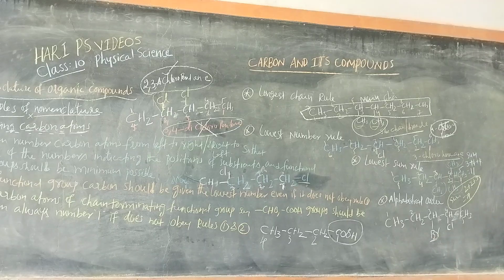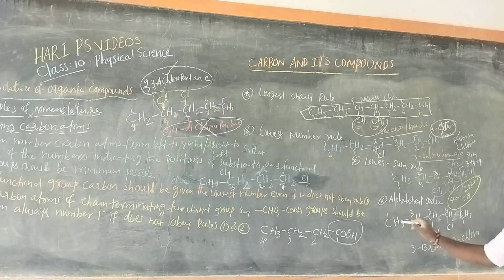Br means bromine. Cl means chlorine. Which one comes first according to alphabetical order? Bromine. So 1, 2, 3, 4, 5. Bromine is connected to the third carbon, so 3-bromo. Then 2-chloro.